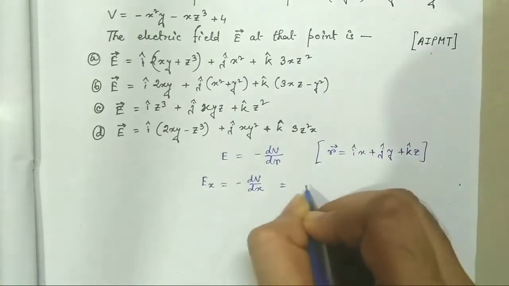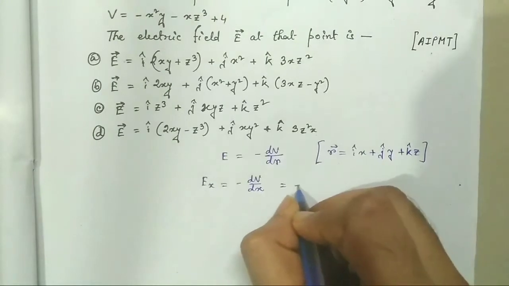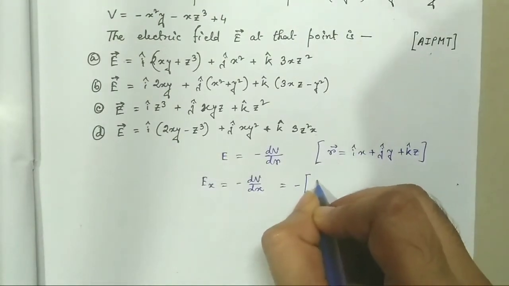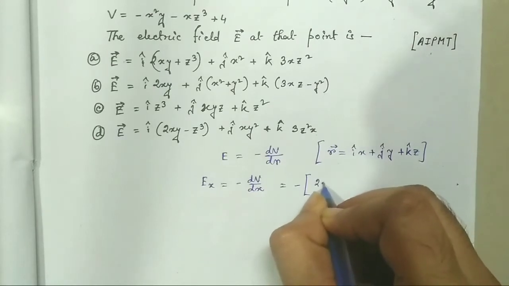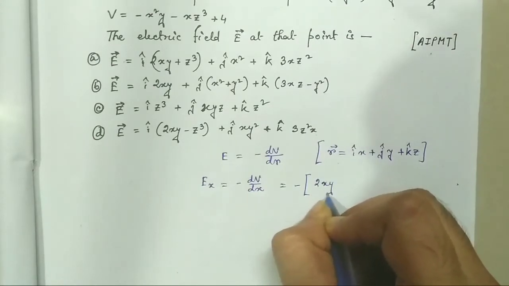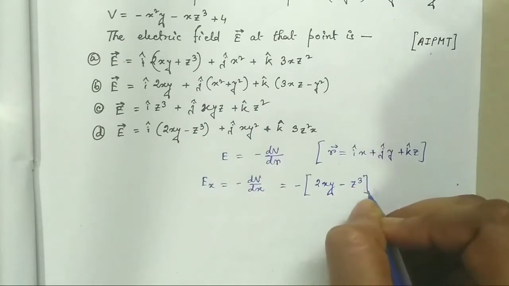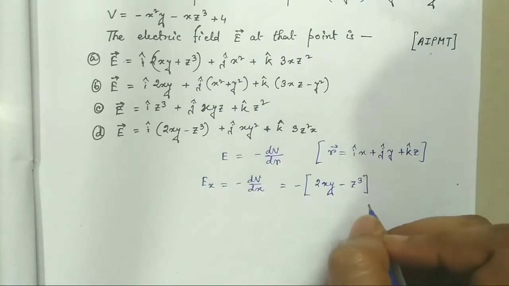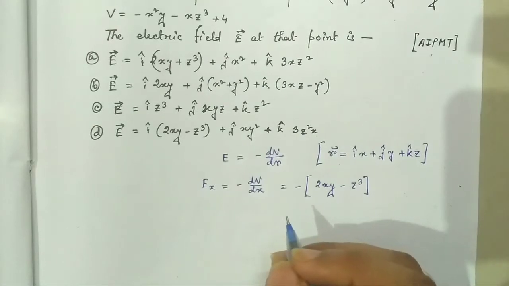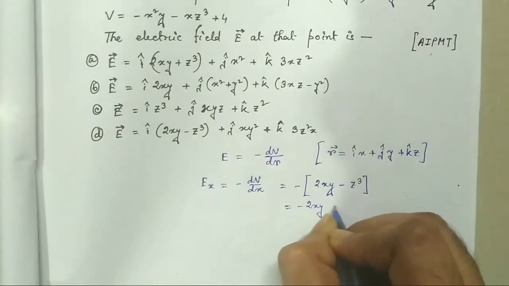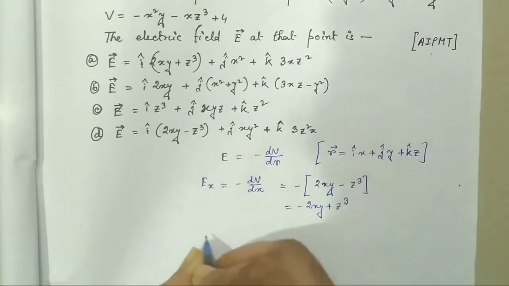So minus dV/dx, what will be its value? Minus of minus 2xy minus z cube, that is minus 2xy plus z cube.